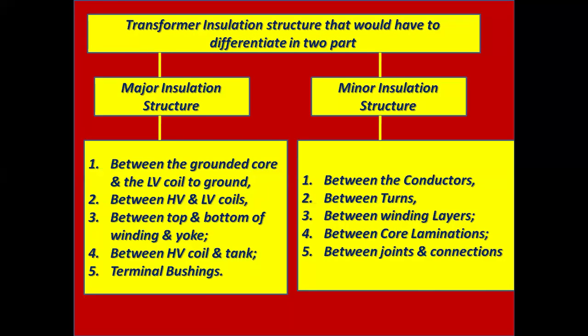Transformer insulation structure is differentiated into two parts. One is the major insulation structure and number two is the minor insulation structure. Major insulation structure: between the grounded core and the LV coil to ground, between HV and LV coils, between top and bottom of the winding and yoke, between HV coil and tank, and terminal bushings.